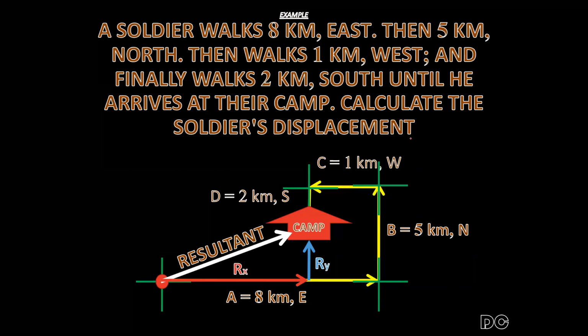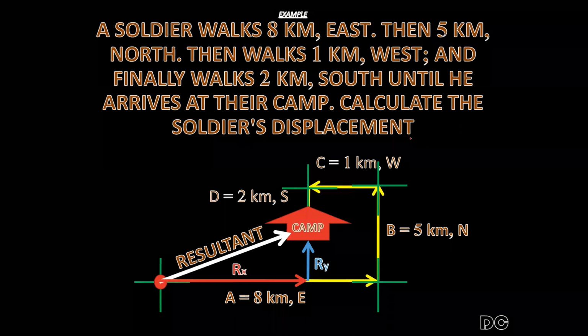So sir, paano namin makukuha si x and y component? Okay, to solve for x and y components, in R sub x, we will combine all the vectors acting on the x-axis. And for the y component, we will combine all the vectors acting on the y-axis.